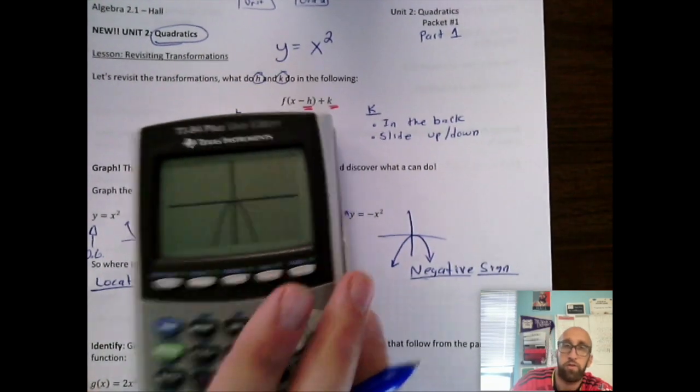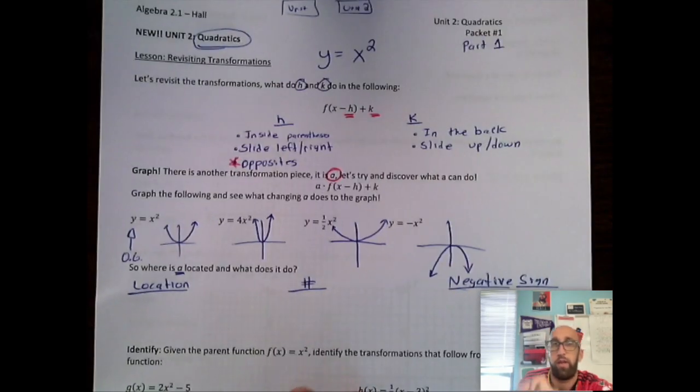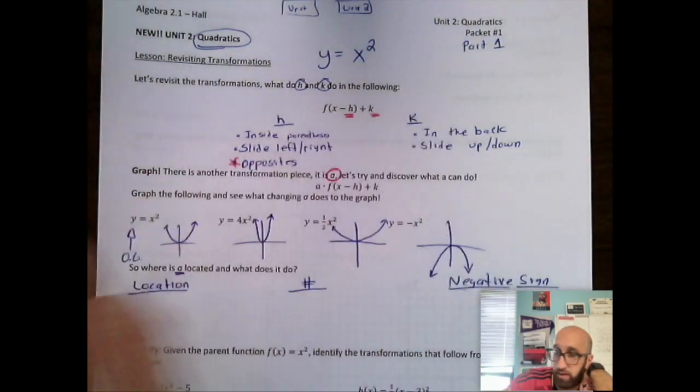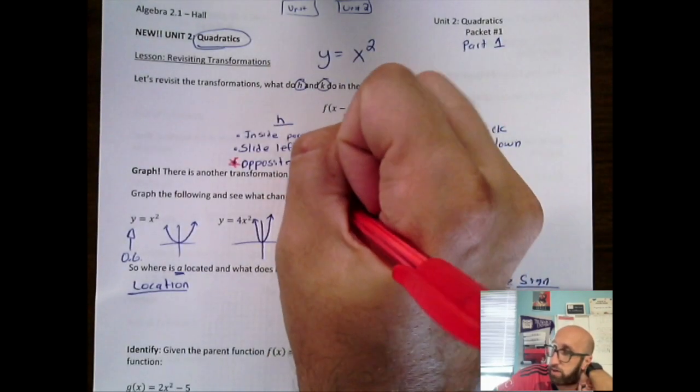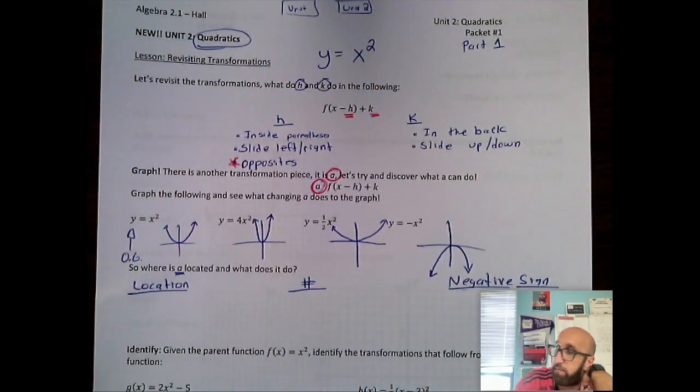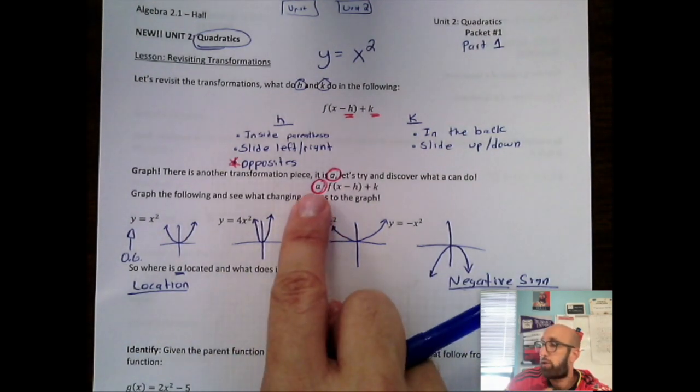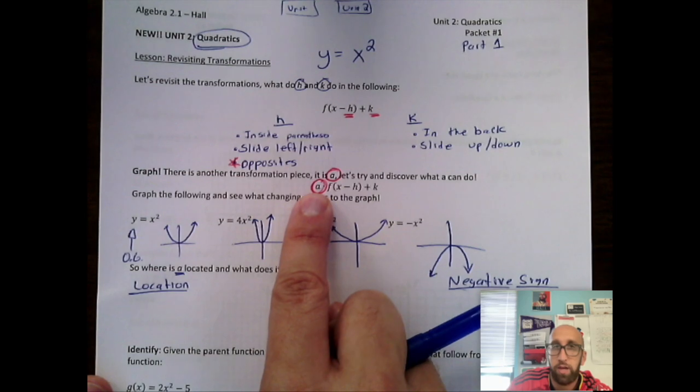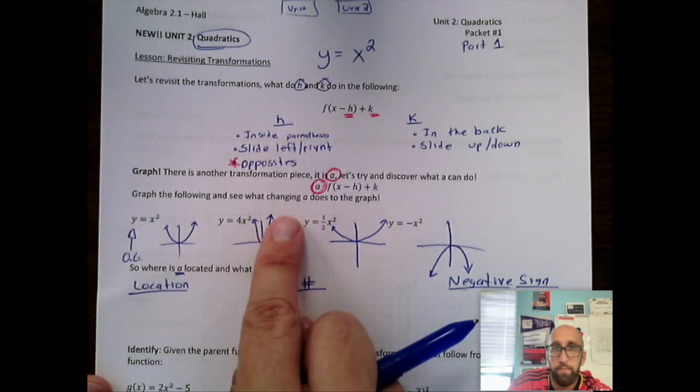So what we have done is we've messed around with this idea of A. Now, I would draw this out a little bit more if I was there in person, but since we're video notes, I can't draw this out forever. What I would be thinking about is, first off, where is it located?